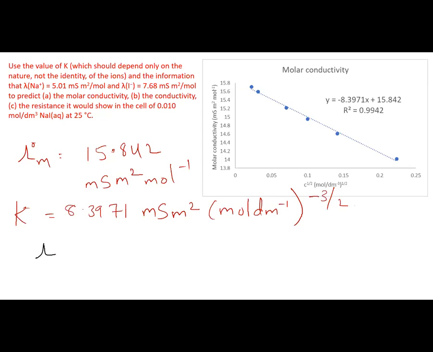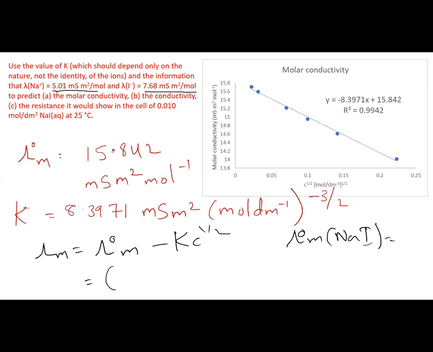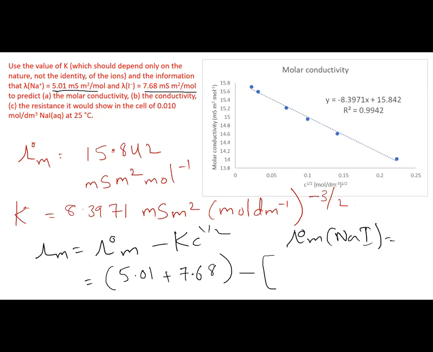We know that the Kohlrausch law is lambda m is equal to lambda m naught minus K C to the half. So the limiting molar conductivity of sodium iodide is nothing but the contributions from the individual ions, right? So the values, the ionic conductivities. So we just have to add these two, which is 5.01 plus 7.68, minus the K value 8.3971 times the square root of the concentration, which is 0.010 to the half.